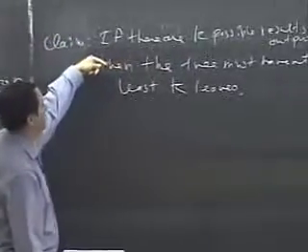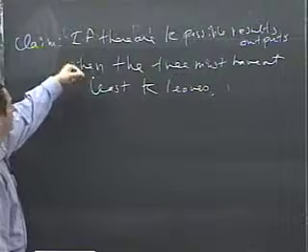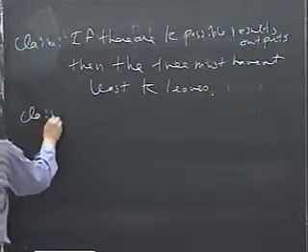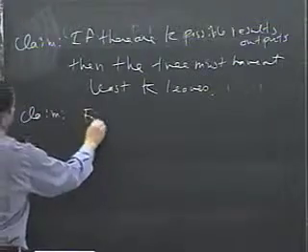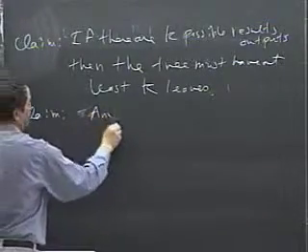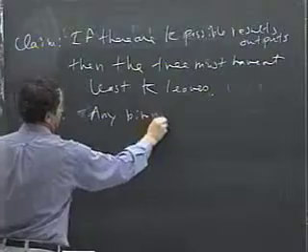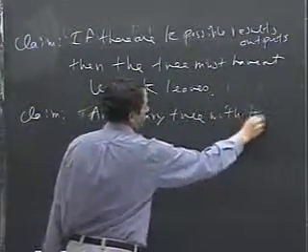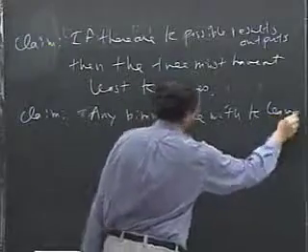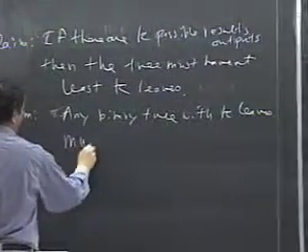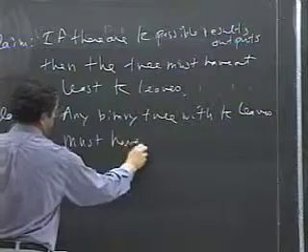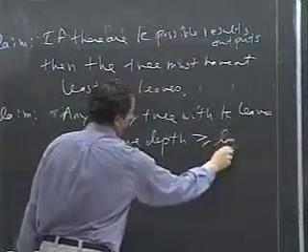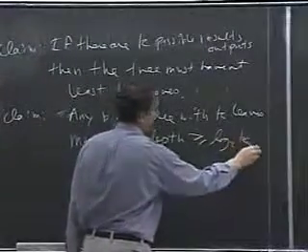If there are k possible results, then the tree must have at least k leaves. And the second claim is any binary tree with k leaves must have depth greater than or equal to log base 2 of k.